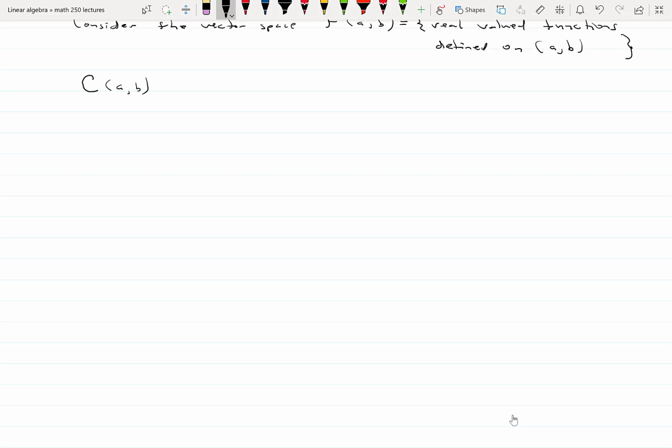CAB is the set of all continuous functions on the interval from A to B.